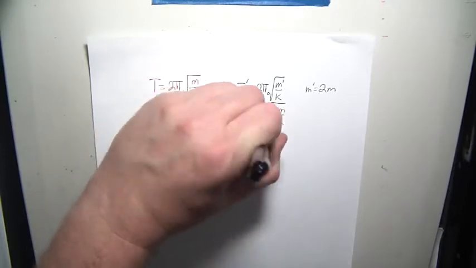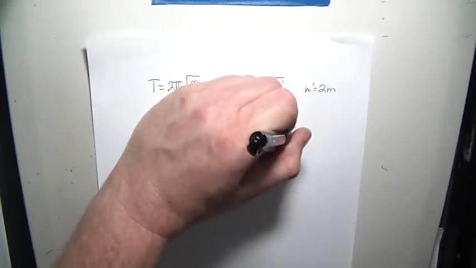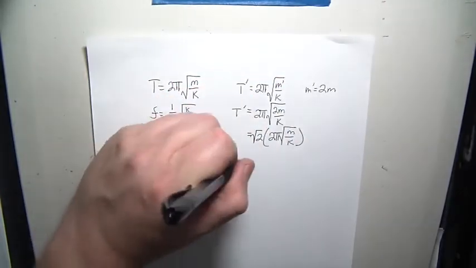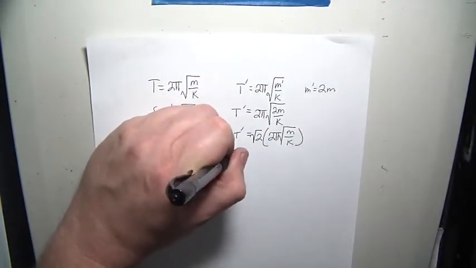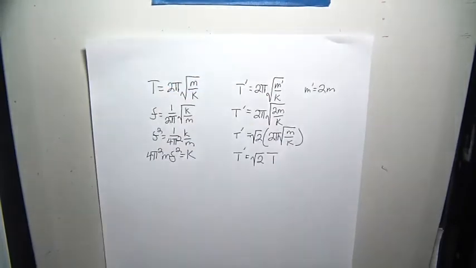So it's the square root of 2 times 2 pi square root of m over k. And that's T prime. So T prime is the square root of 2 times your old period. So by doubling the mass, you increase the period by a factor of square root of 2.